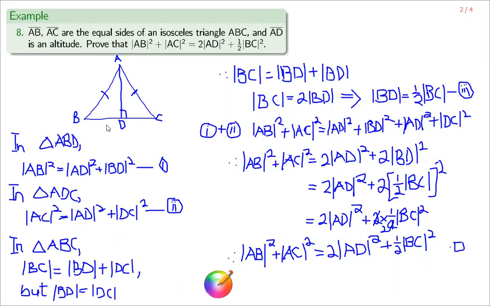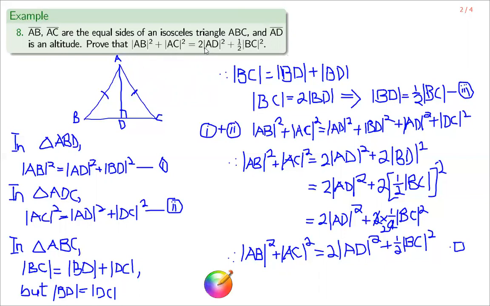But BD is equal to DC, of course, they are equal in length. Therefore, length BC is equal to BD plus BD. Since DC is equal to BD, I have substituted BD for DC. So hence, length BC is equal to 2BD, which implies that BD is equal to 1 over 2 BC. And I labeled that as equation 3.